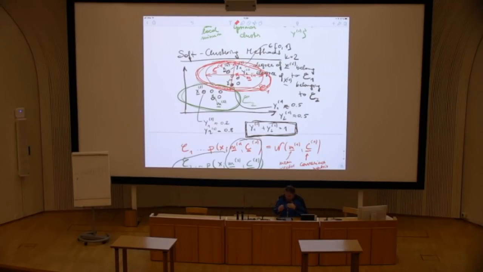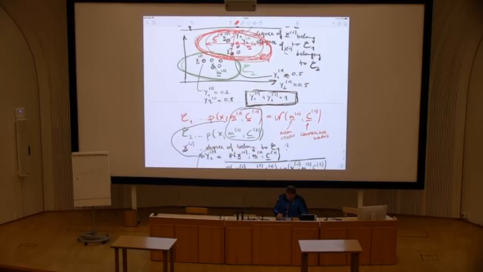In k-means, we only used cluster means, whereas in the soft clustering algorithm, we use a cluster mean and a covariance matrix to somehow characterize the shape of a cluster. And we interpret this shape of a cluster using a probability distribution given by a multivariate normal distribution.